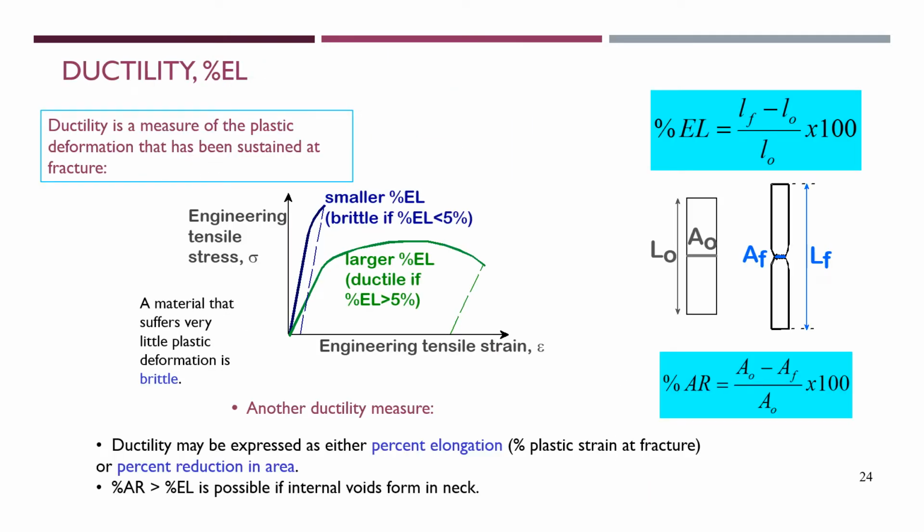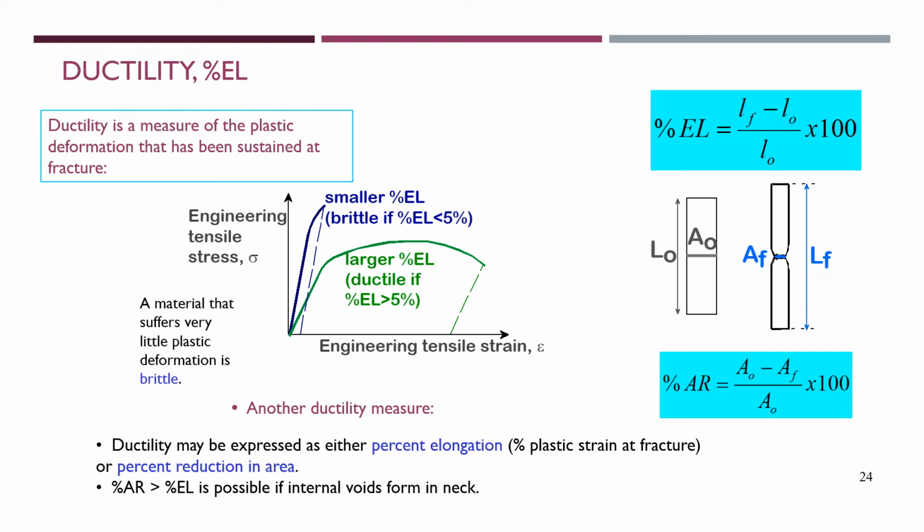Another property from the tensile test is ductility, or percentage of elongation. Ductility is a measure of plastic deformation that has been sustained at fracture. So generally, according to this graph, this material has smaller elongation but higher tensile strength.